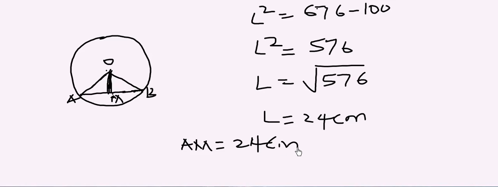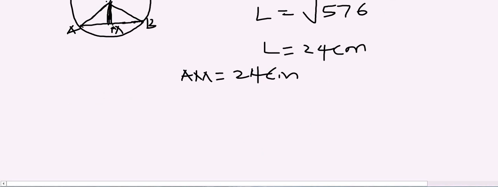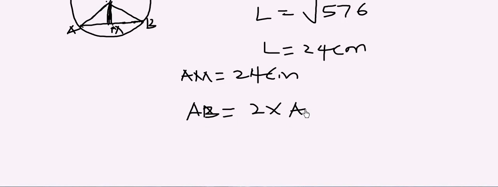To get AB, we know that AM here is equal to MB. So we simply multiply by 2. AB is equal to 2 times AM, which is 2 times 24 cm.